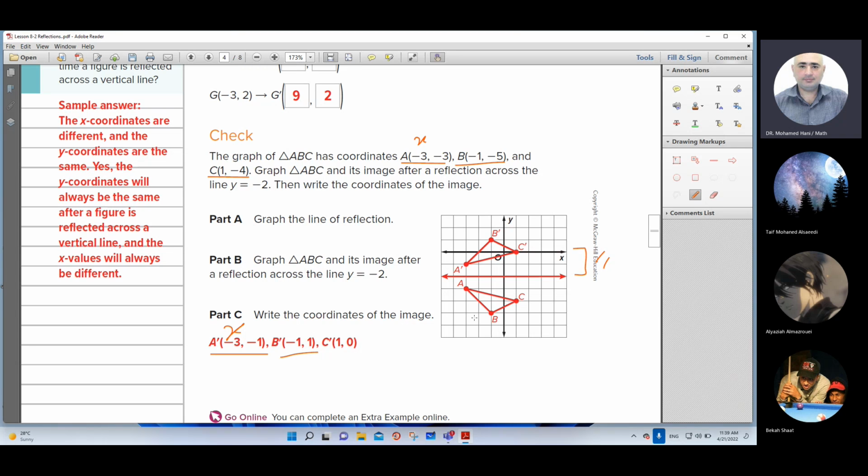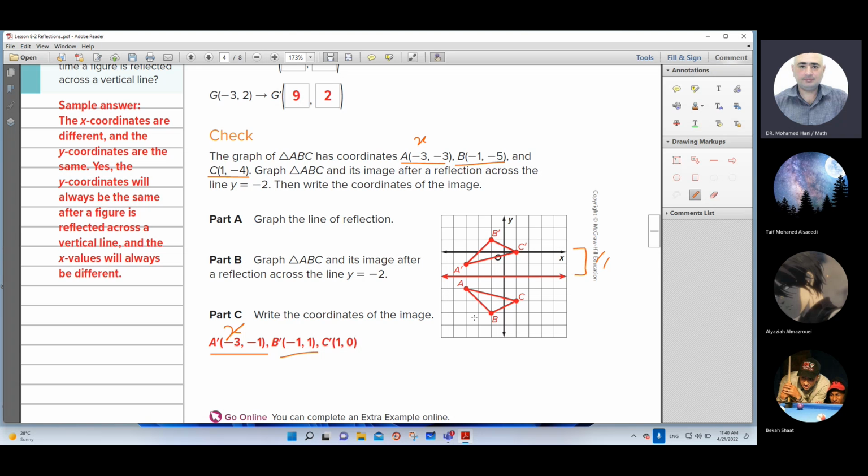So we can say that if the line of reflection is the x-axis or parallel with the x-axis, we have the same x. But the difference is, if the line of reflection is the x-axis, we have the same x but the opposite y. But if the line is parallel with the x-axis, we have the same x but different y.